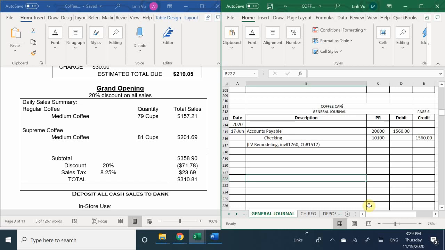Deposit all cash sales to bank. Okay, so we will go to the journal. And the date is still the 17th.